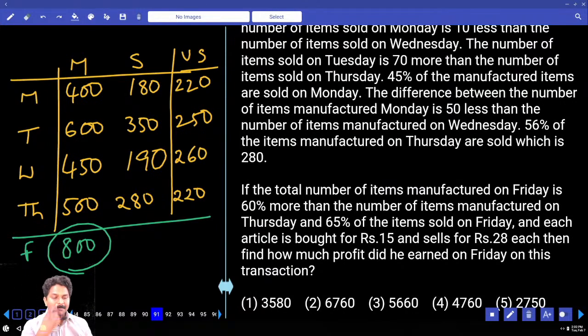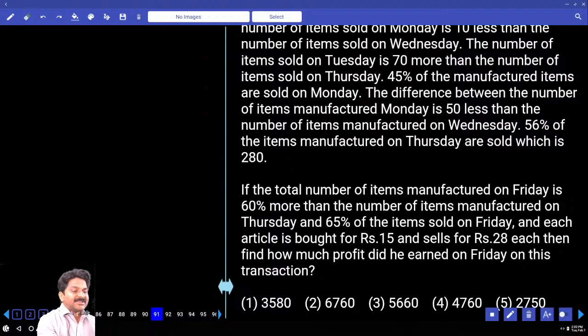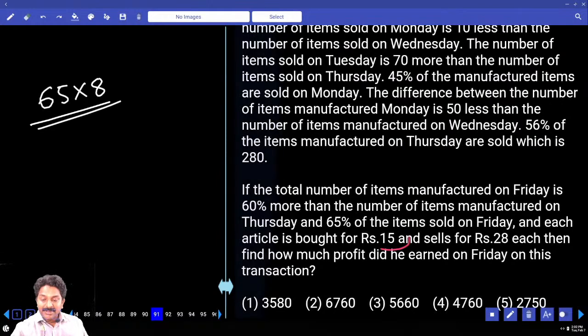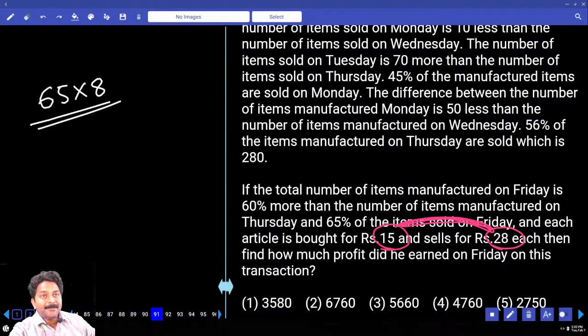So now how many were sold? 65% of this number only. What is 1% value? 8. 65% in the sense 65 into 8. These many number of items or articles were sold. Clear? Where each one purchased at 15 and sold at 28. On each item, how much profit is made? 13 rupees.